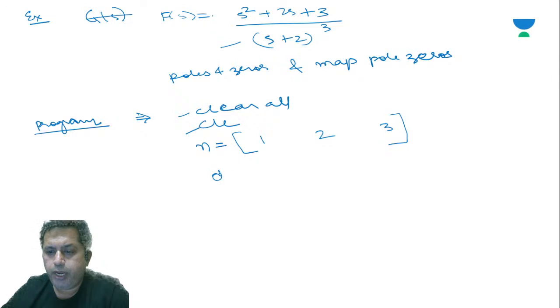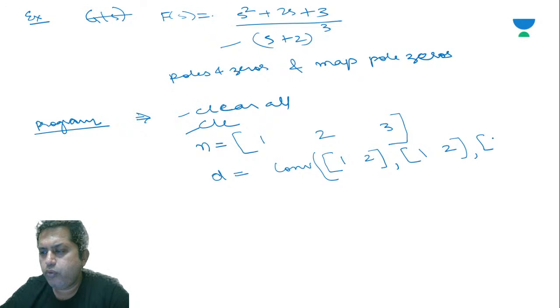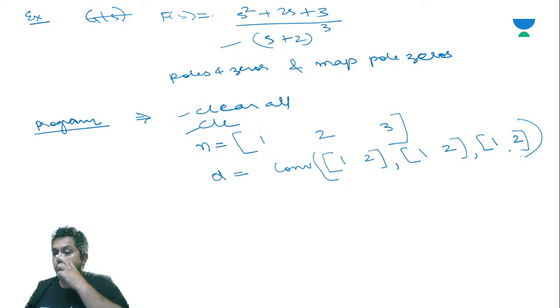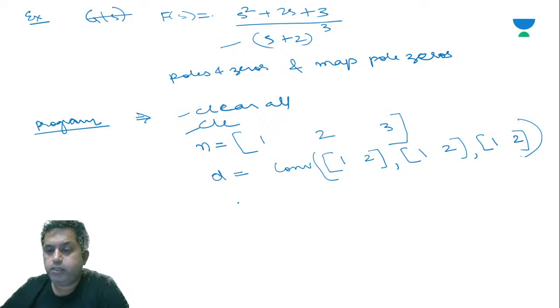Denominator is equal to convolution of 1 2, 1 2, 1 2. This is the numerator polynomial as well as the denominator polynomial.